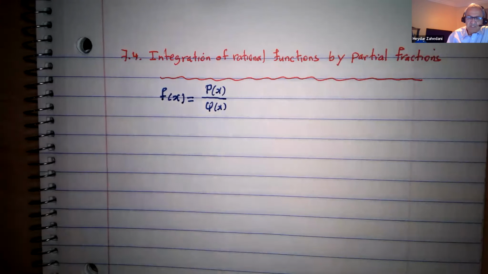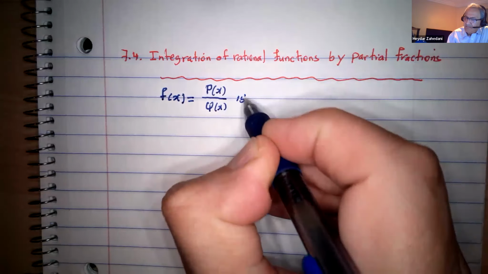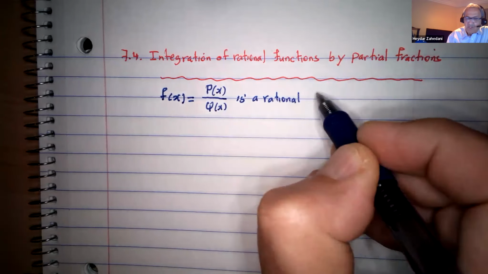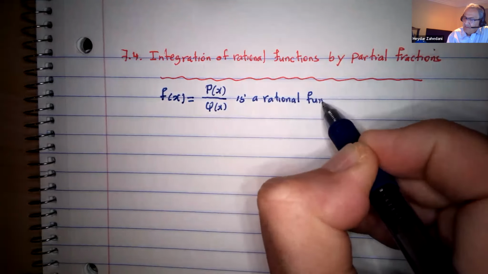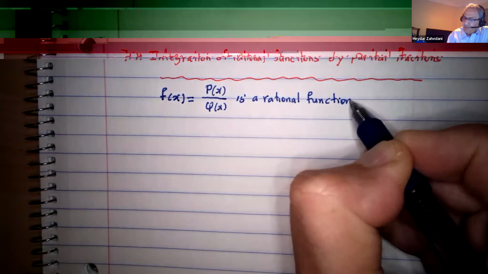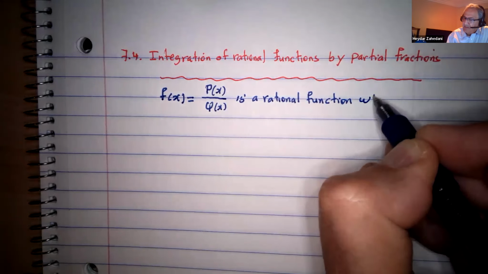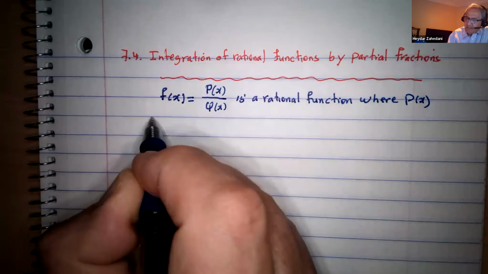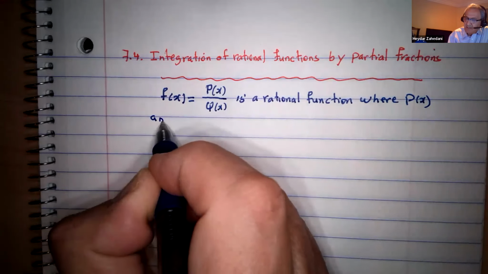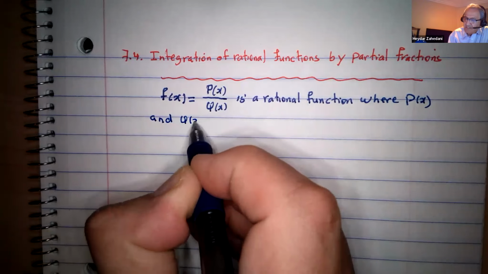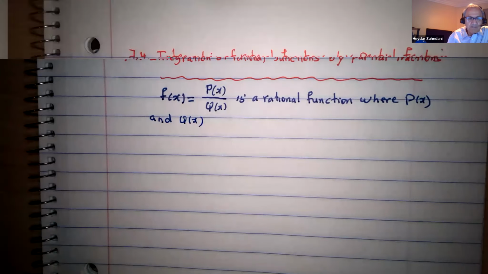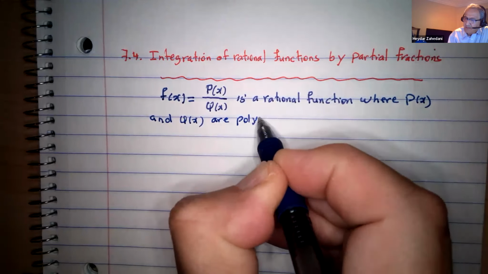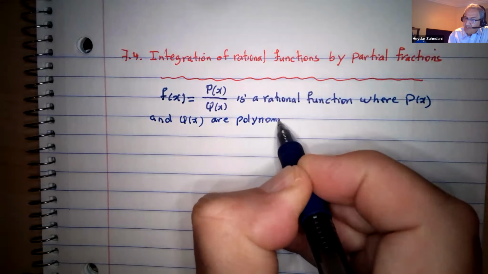This is a rational function, where of course the top and the bottom are polynomials, p of x and q of x, all of them are polynomials.